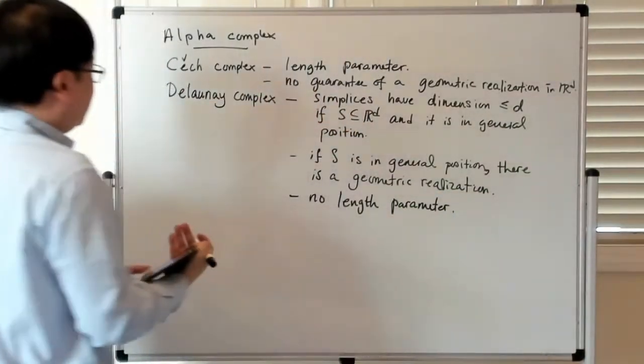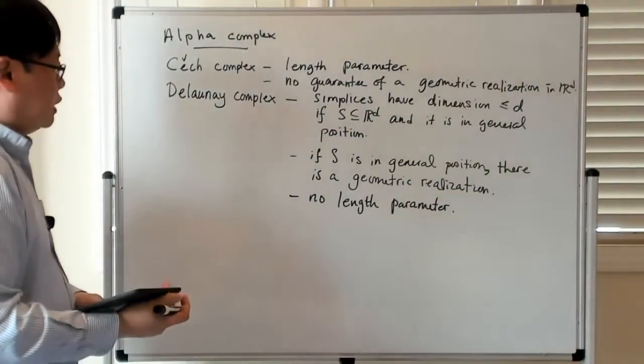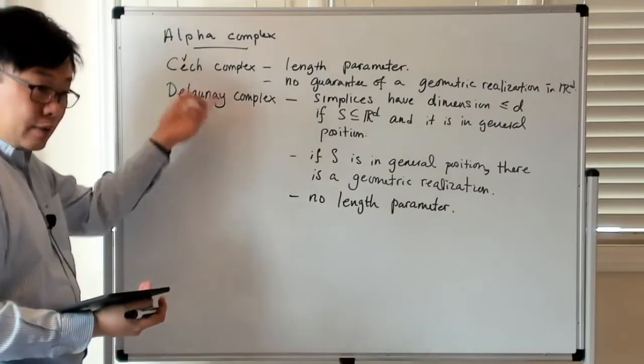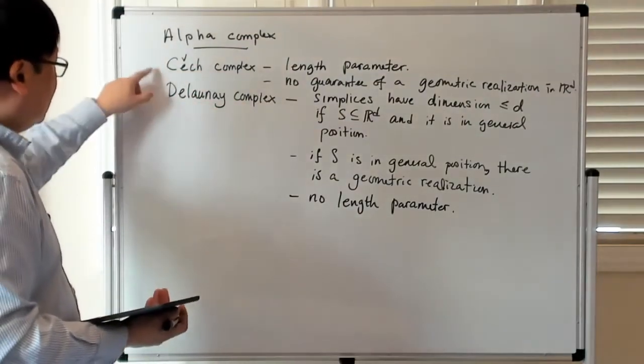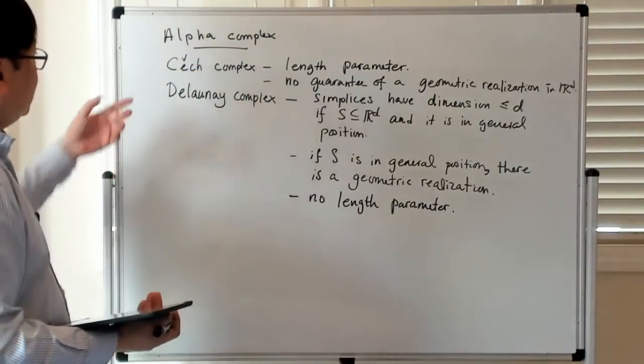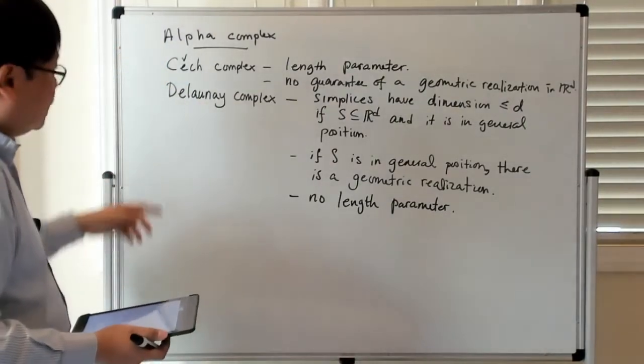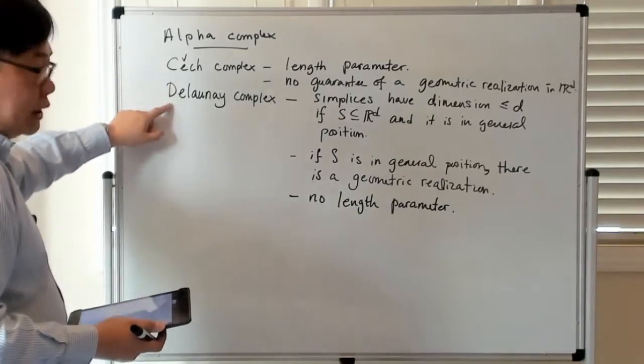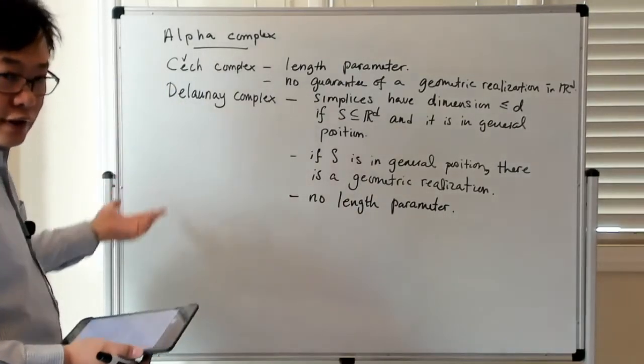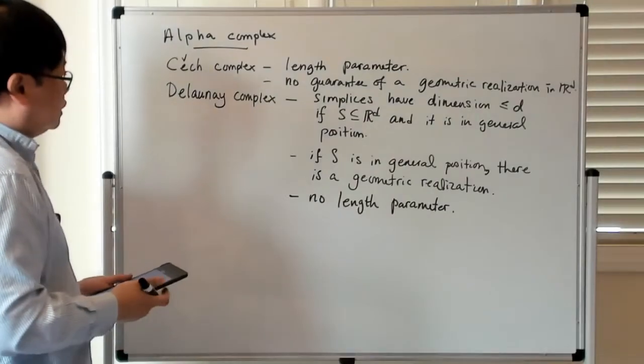As you might expect, it's natural to think of some combination of the Čech complex and the Delaunay complex, which we'll call the alpha complex. Both the Čech complex and the Delaunay complex are nerves of a set of convex objects.